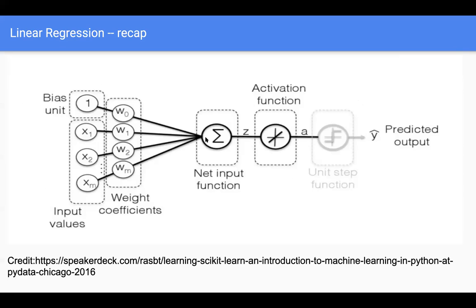This is how the architecture will look. We have the X, and then we have the coefficients or the weight for each of the input features, and based on that, we calculate the predicted output.